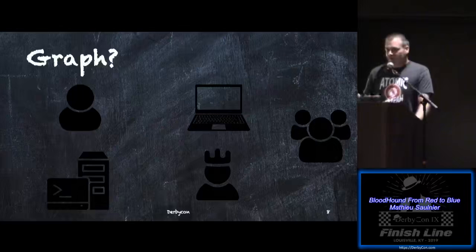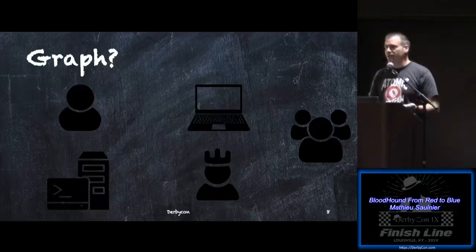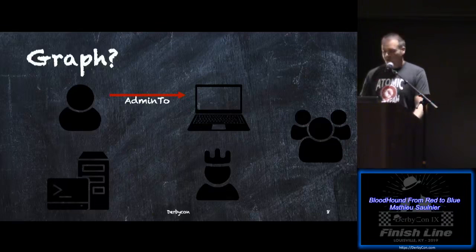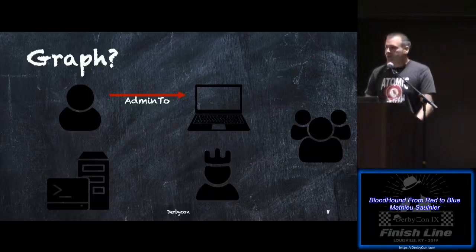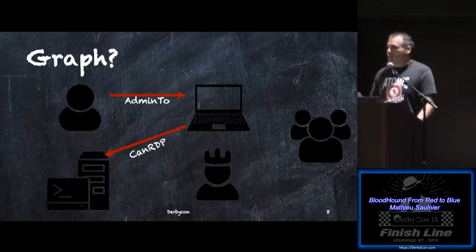Now in Active Directory, this is how it actually translates. An attacker will land on your network maybe by using spear phishing or password spraying or whatever. And from that user, he might have admin to his own laptop. Very bad InfoSec practice, but it does happen way more than we want to admit. Then from that laptop, maybe that user can RDP to a terminal server, for example, and depending on the size of your organization, there might be hundreds, if not thousands of people connected to that machine.